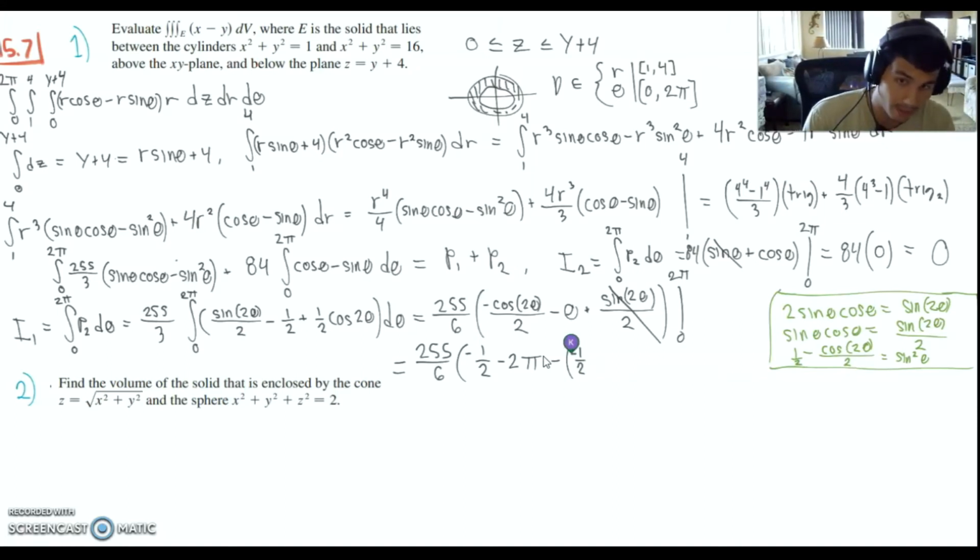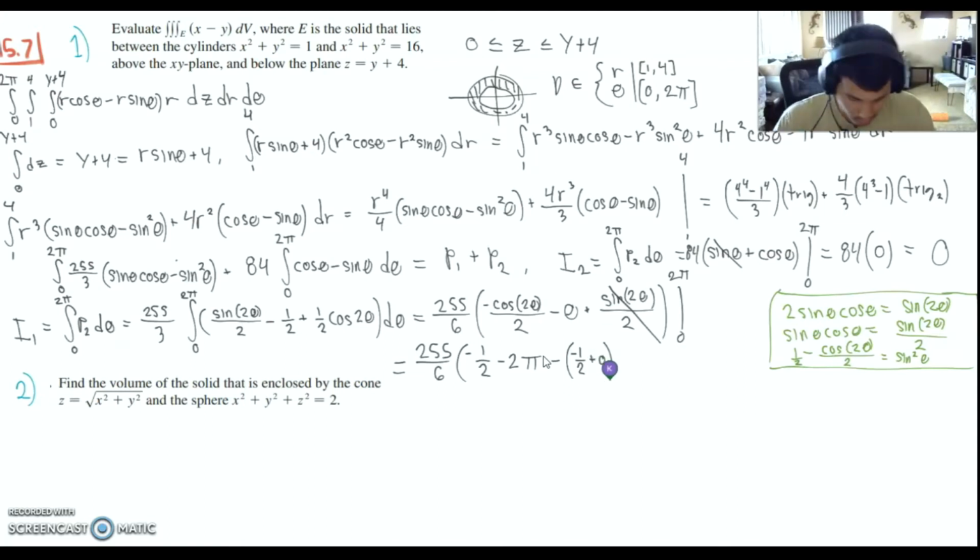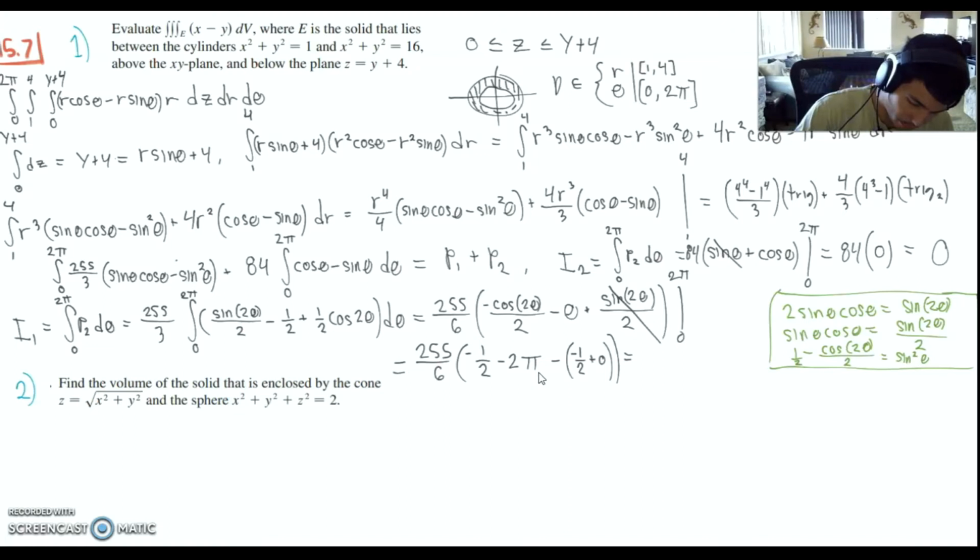Negative 1/2 plus 0. Just write the 0 there, just for extra credit. Now we got to do this math here. This would be positive 1/2, this would be positive 1/2. A positive 1/2 and a positive 1/2 make them go away. And we just are left with the negative 2 pi.